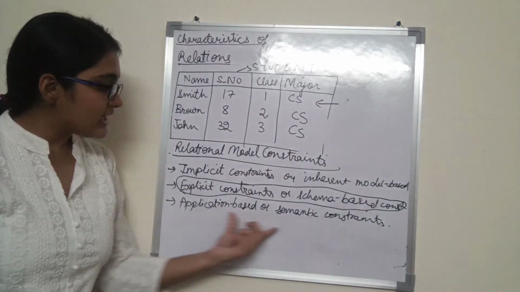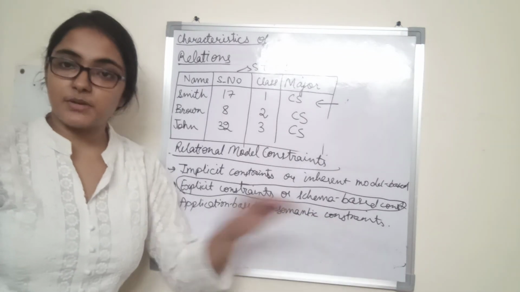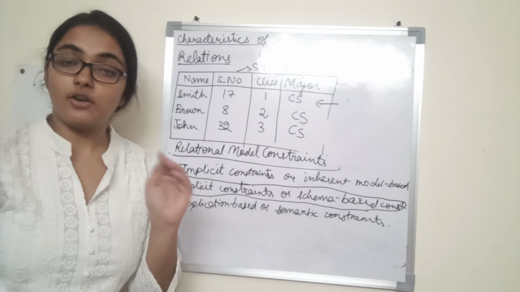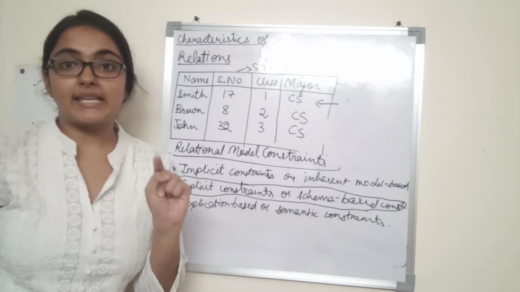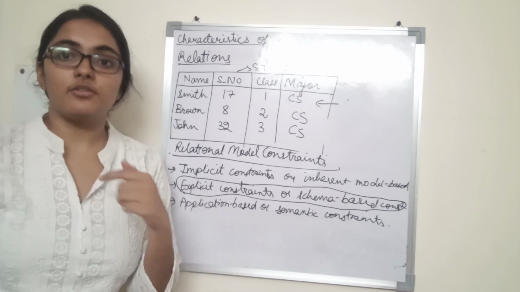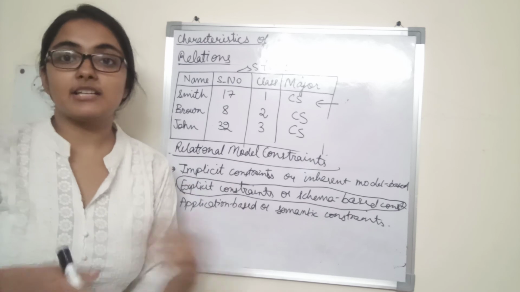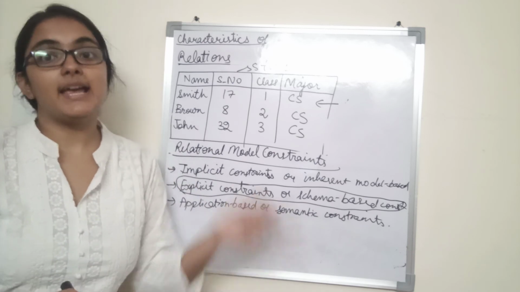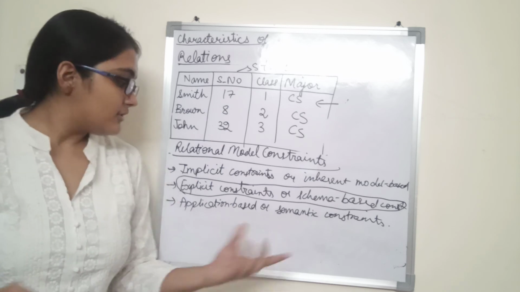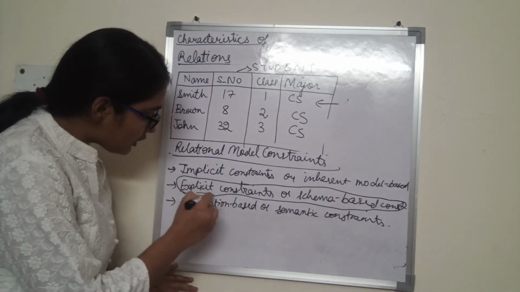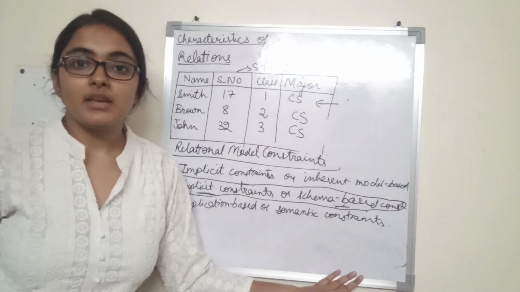Now application based or semantic constraints are the ones that cannot be directly expressed in the schema of the data model, and hence they need to be enforced by the application programmers, right? So mainly we are going to be talking about explicit constraints or schema based constraints in the upcoming videos.